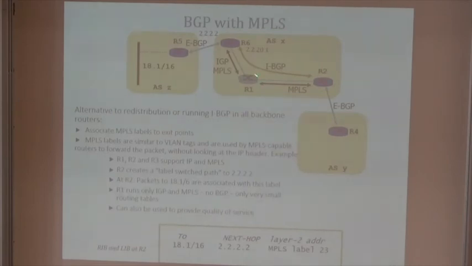So if R1 receives a packet that has label 23, then you need to know what to do. Of course, you need to set up this operation, but if 23 is associated with the next hop 222, then you can simply look at the label and forward it to the next hop here.